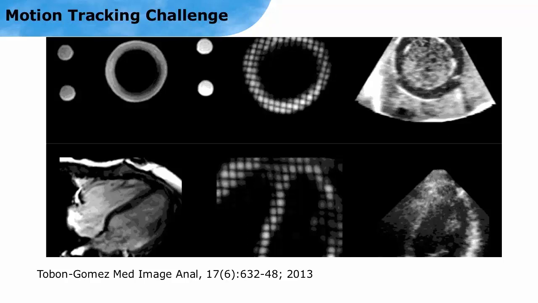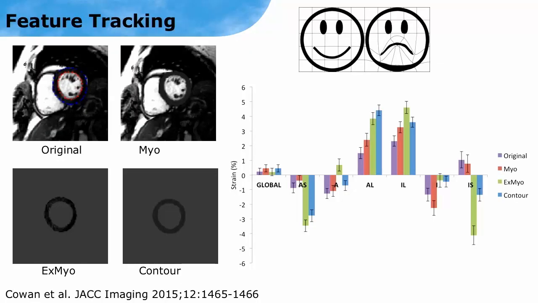One way of figuring out what the artifacts are is by open challenges, so there was a challenge a couple of years ago comparing motion estimation methods in a variety of imaging modalities, and I think this is a really important way of moving the field forward. One paper which we published recently was looking at why the strain estimation from tagging can be different from the strain estimation from feature tracking.